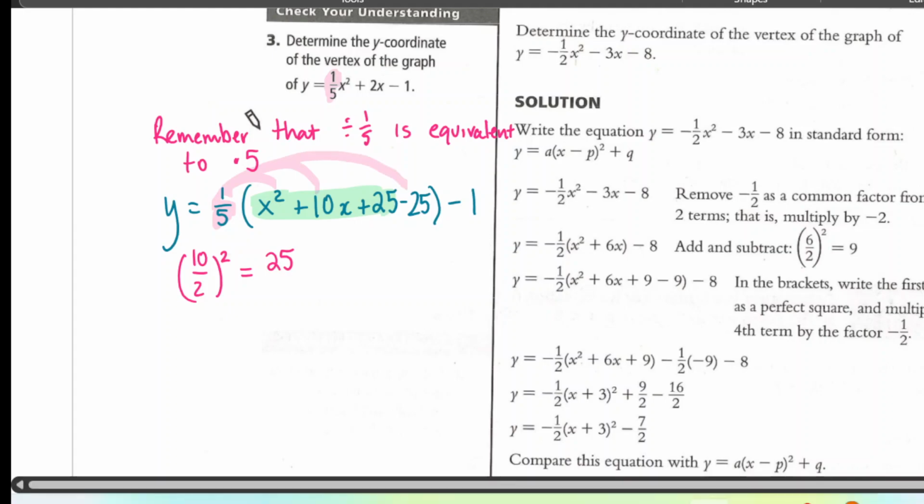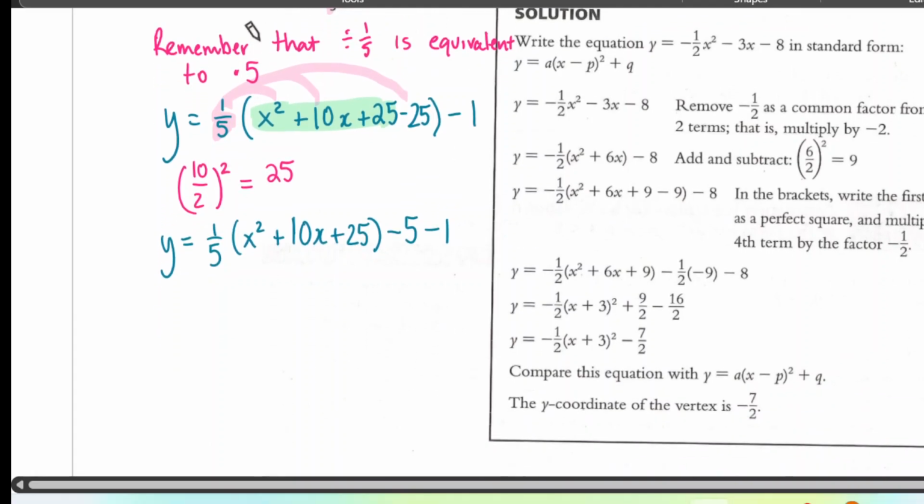And I have to remember that this 1/5 needs to be multiplied with it in order to pull it out of the bracket. So let's write down what we have now. So we have my perfect square, and when I pull that 25 out, it's going to equal -5. Okay, because 25 times a fifth is 5.